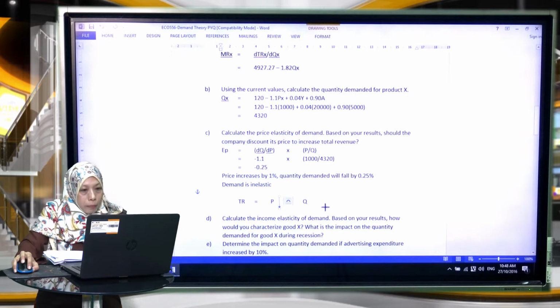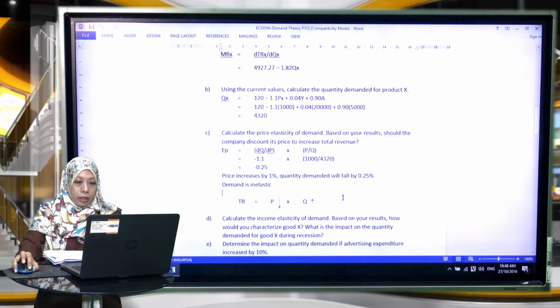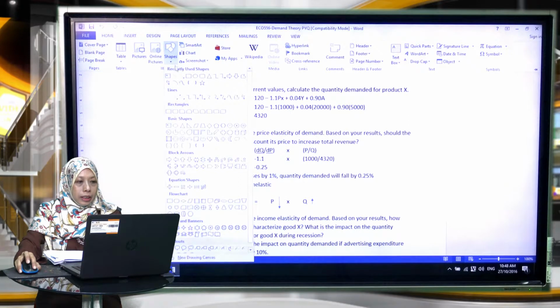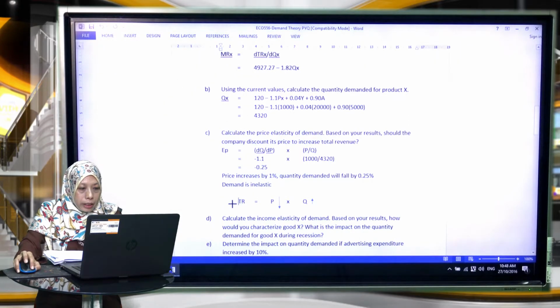So how much will quantity demanded increase? Quantity demanded will increase by a small amount because demand is inelastic. So what would be the effect on total revenue? Well, total revenue will increase, but only by a small amount.